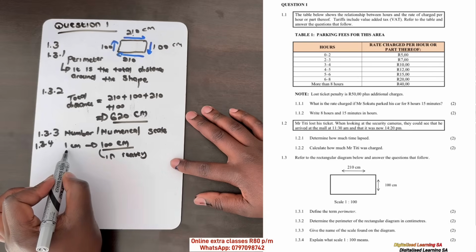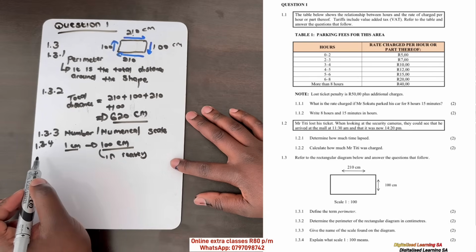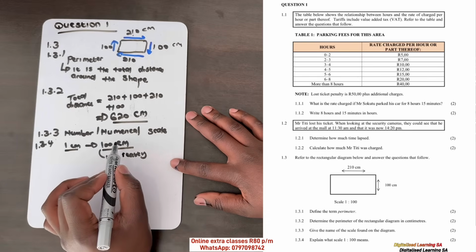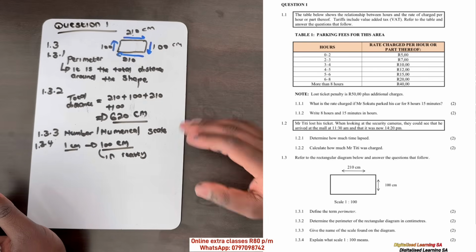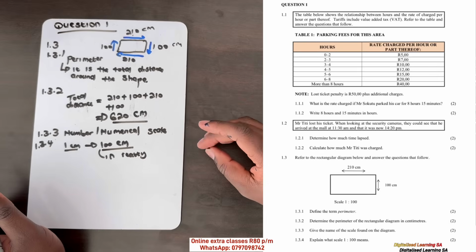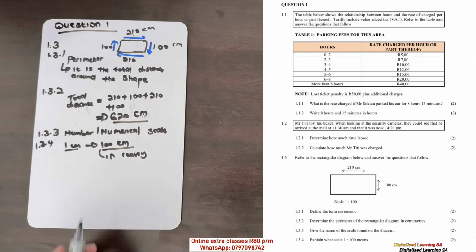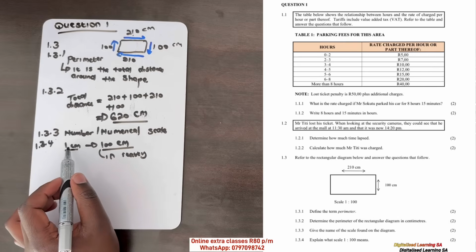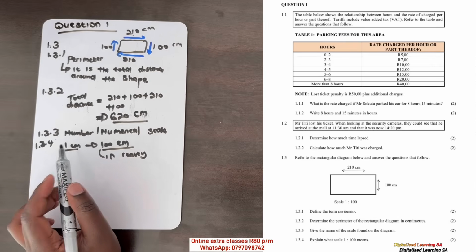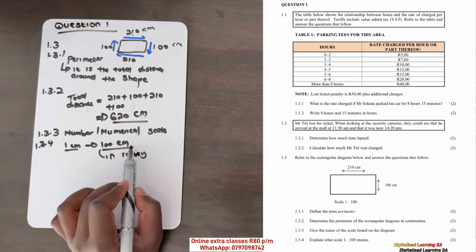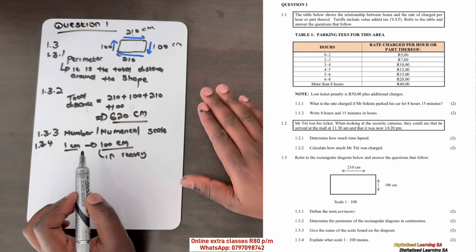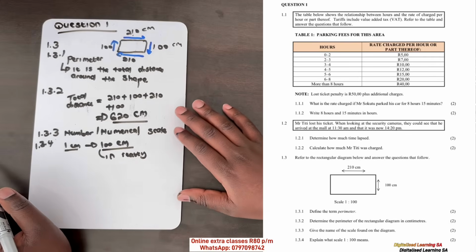Because if you measure 1 centimeter on a paper, it won't be the same as 1 centimeter in real life. Remember, a paper is only an A4. So this means that 1 centimeter that you measure on your paper or on your shape or map, in reality that 1 centimeter is equal to 100 centimeters. That's how you explain a scale.